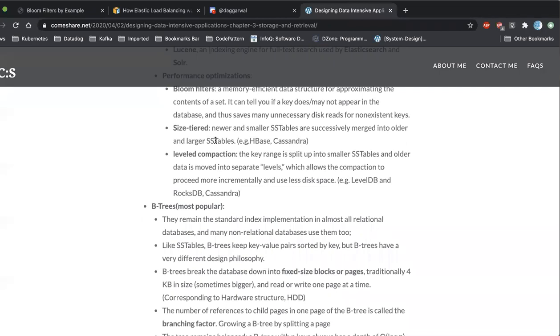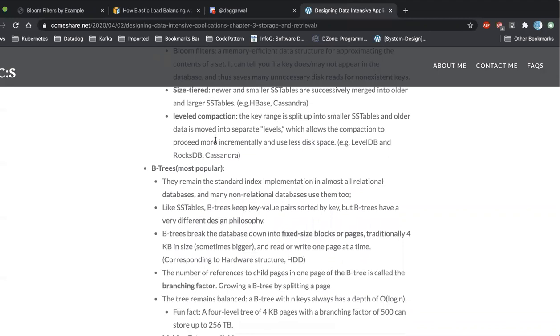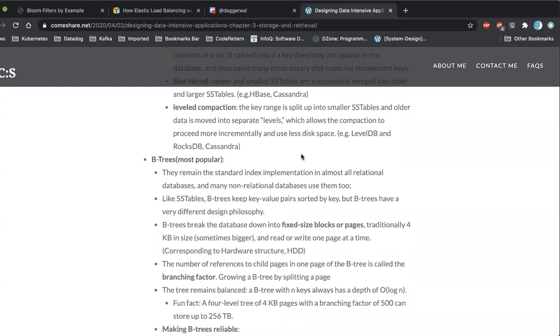There was not much description there, so that's my assumption from reading his optimization. And level compaction is where the key range is split into small SS tables, and older data is moved into separate levels, which allows compaction to proceed much more incrementally. Anybody else have any observations, since there was not much given in the book about these things?